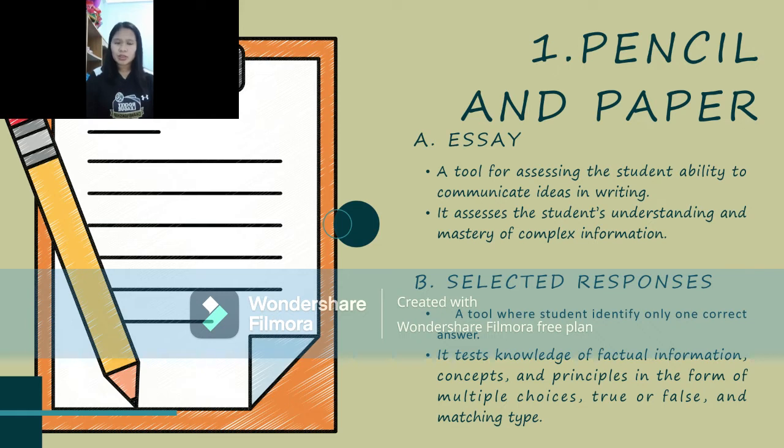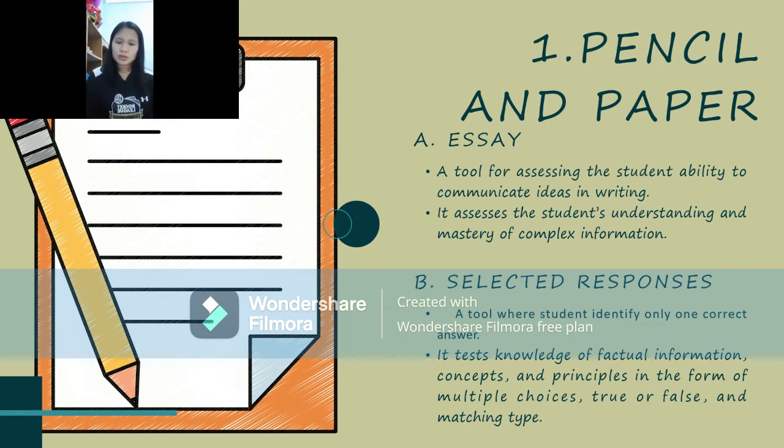It is a writing sample used to assess student understanding or how well students can analyze and synthesize information. The purpose for using an essay is to assess the student's ability to communicate ideas in writing. It also measures understanding and mastery of complex information.